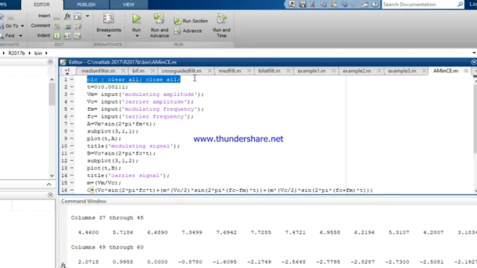That is where we can prove our concept mathematically. So I will brief the same experiment once more in MATLAB.